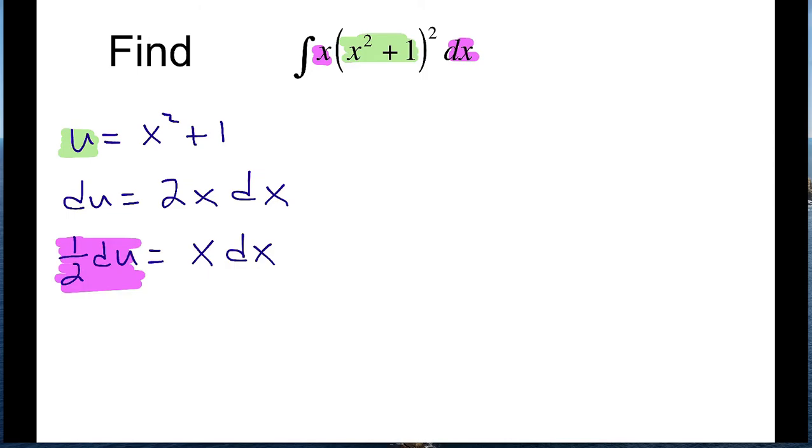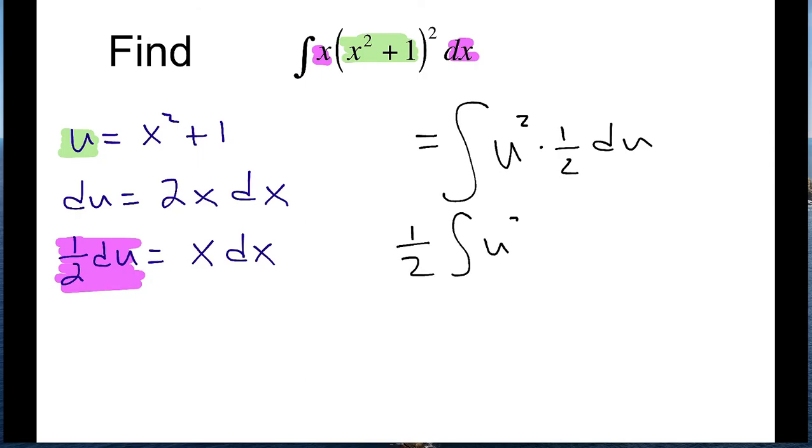So if I rewrite this, this is equal to the integral of u to the second power times 1/2 du. And remember, 1/2 is just a constant. Like I could write it like this if I wanted to. That 1/2 just goes out in front. I can't get rid of it.